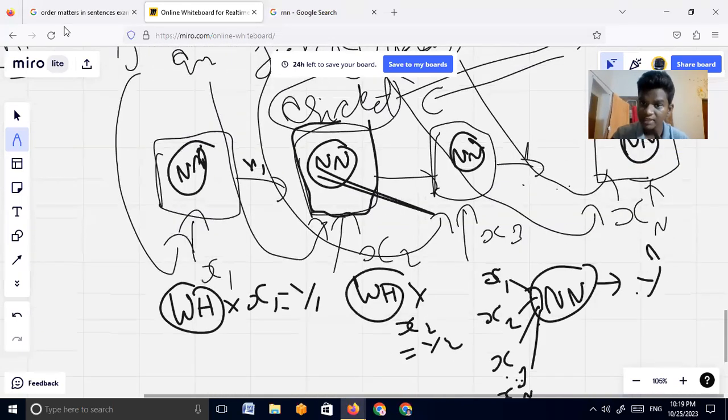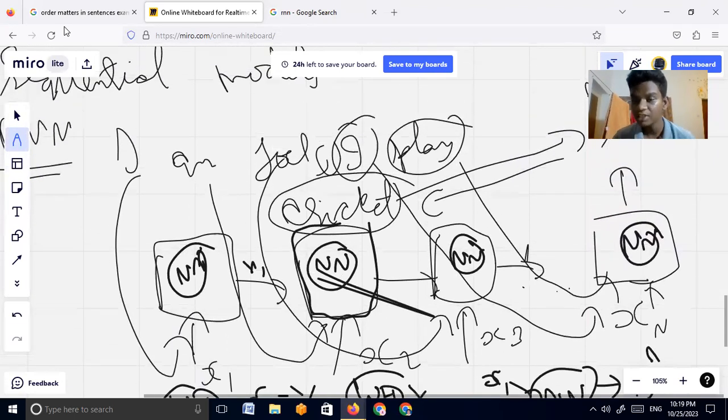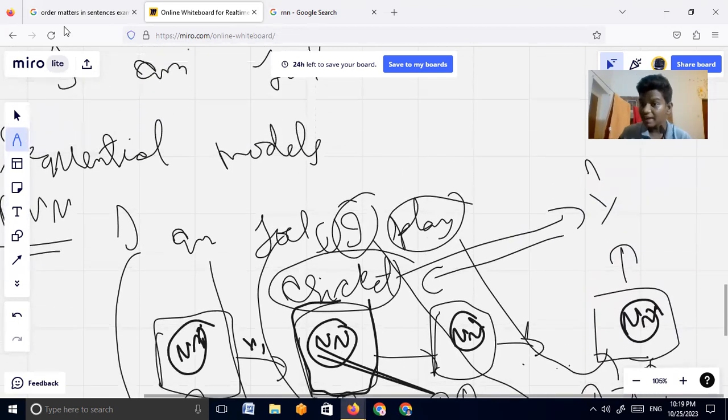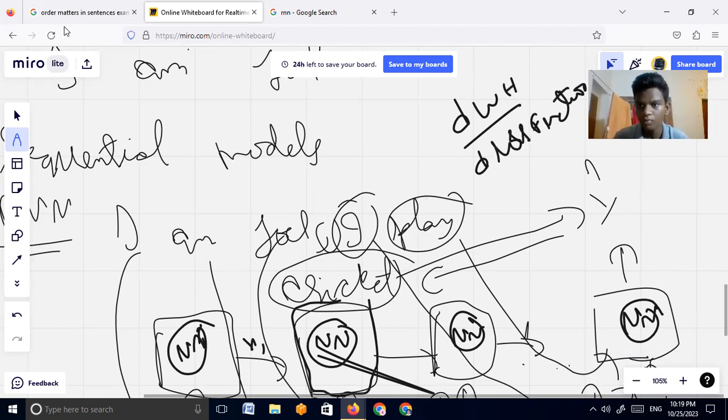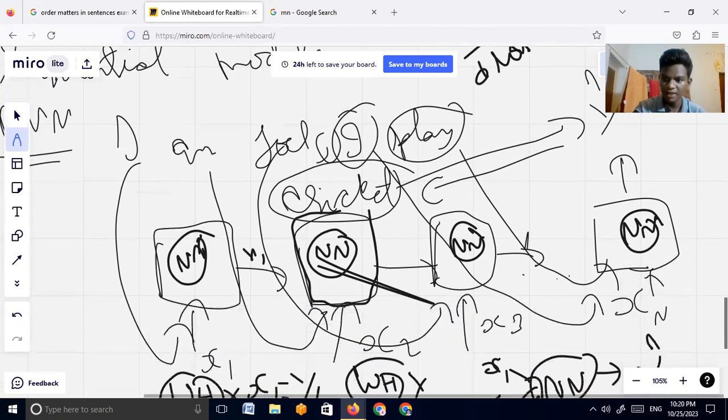So how are weights updated here? Let me just share with you how weights are updated. In this case, we'll be calculating the loss function, right? We'll be calculating dL by dWh with respect to the loss function, for the final output. So we'll be calculating the loss function with respect to y hat, and after doing that, we'll update the values.